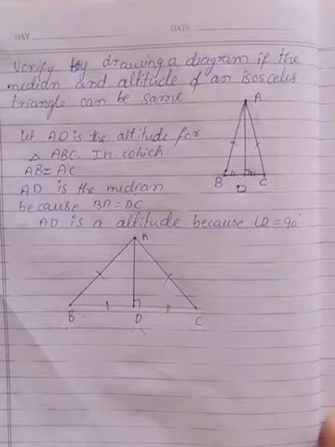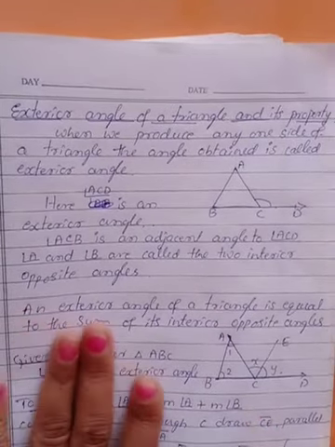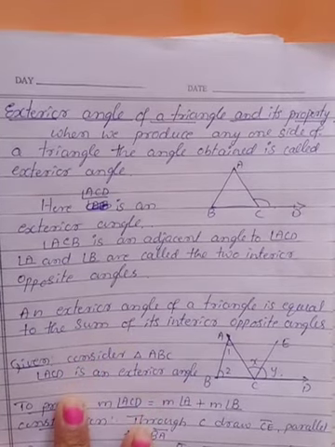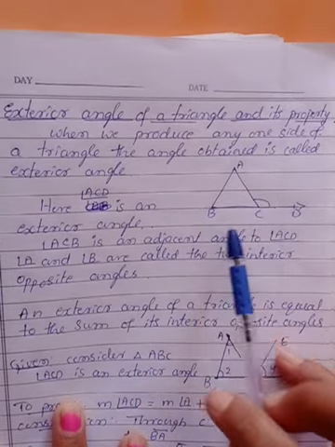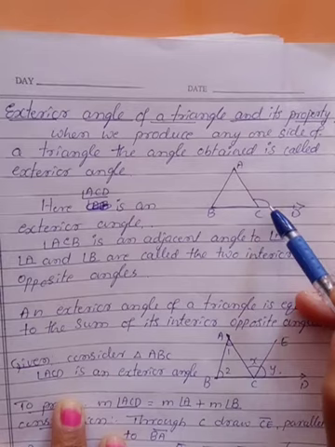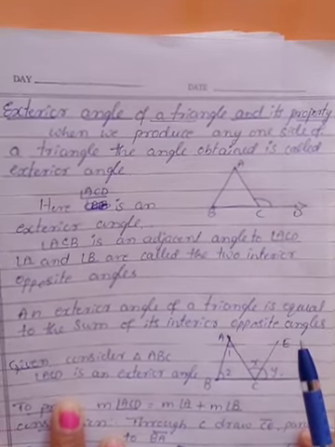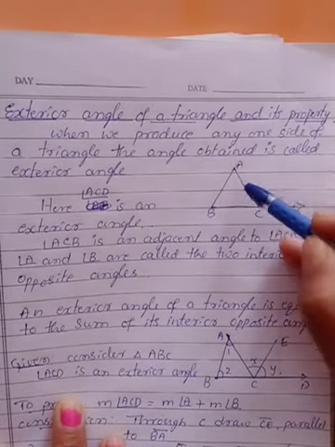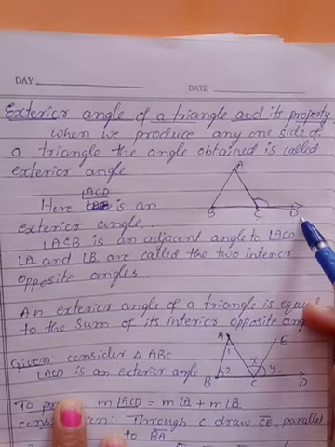Now the next main concept we are going to learn is the exterior angle of a triangle and its property. First, you should know what an exterior angle is. When we produce any one side of a triangle, the angle obtained is called an exterior angle. So here, which is the exterior angle? ACD. This is an exterior angle because BC is produced.